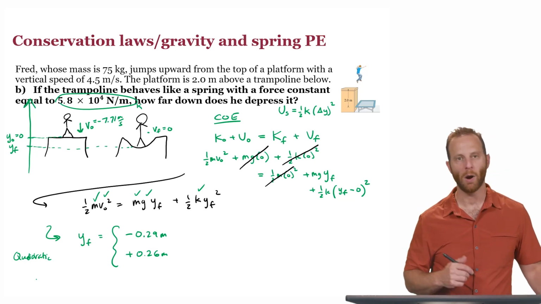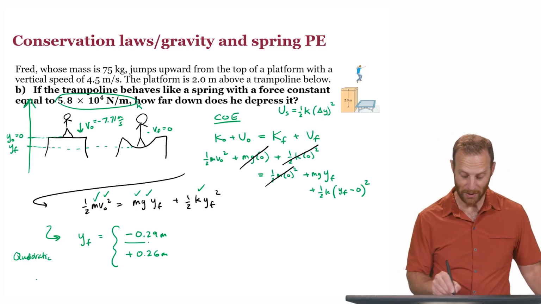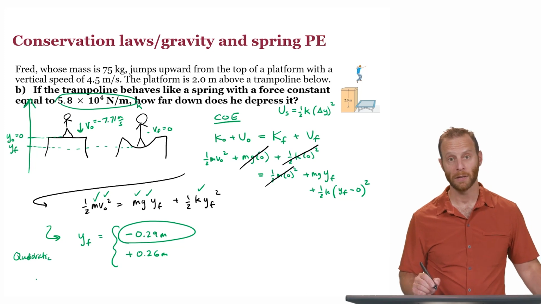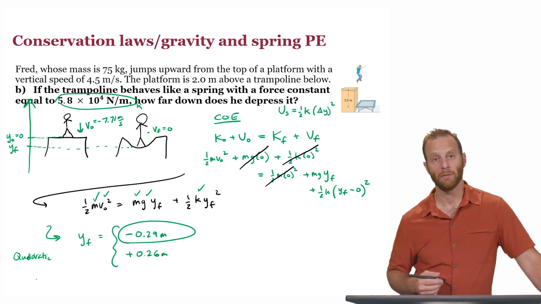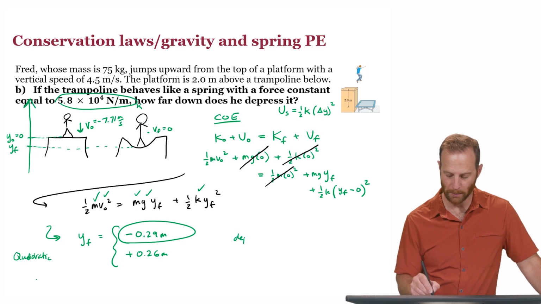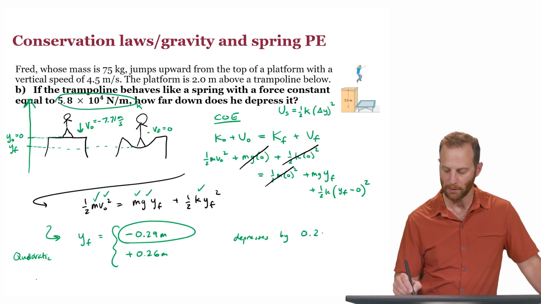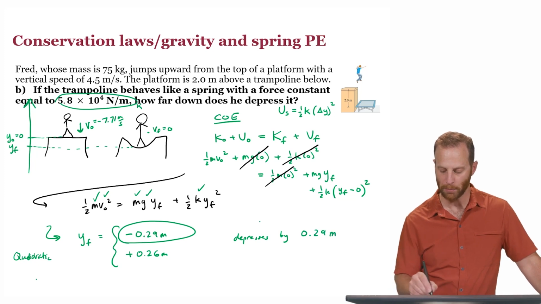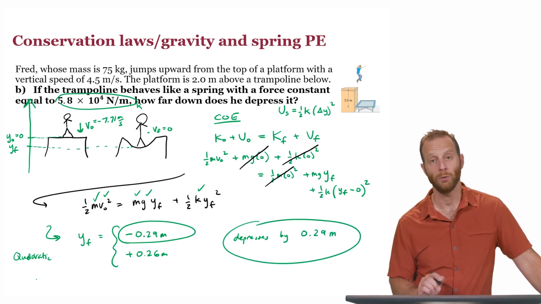Therefore, we expect y final to be negative. That means that this must be our final answer. It ends up at a final value of negative 0.29 meters. In other words, it depresses by, and now we can just say the absolute value of that number, 0.29 meters.